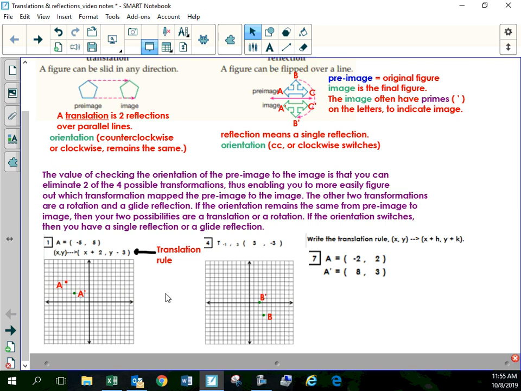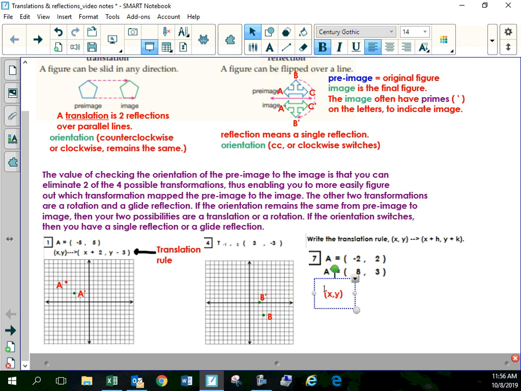They don't have them graphed for you, and they want you to write the rule. Remember, this is how you write the rule that we have right here. They want you to fill in the H and the K. What direction is it moving, the X and the Y? So, of course, I always start out with X comma Y for my translation rule, arrow, then X, and I ask myself, remember A is the pre-image, here is the image.